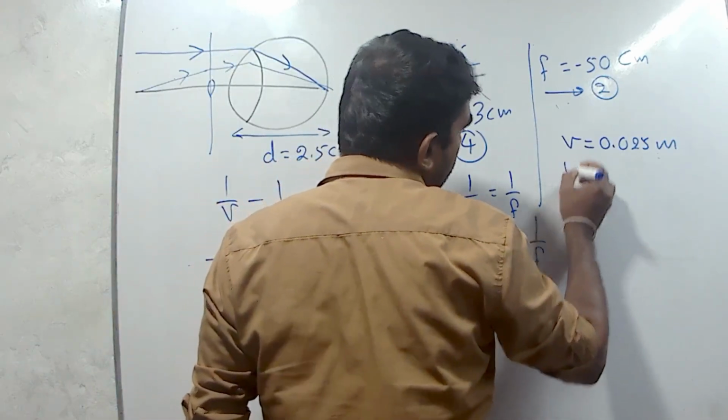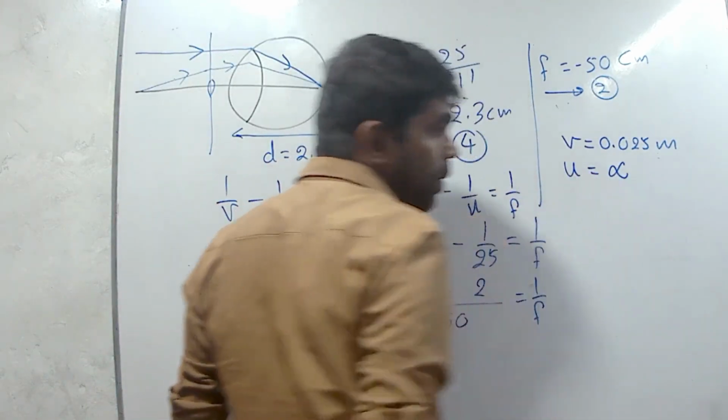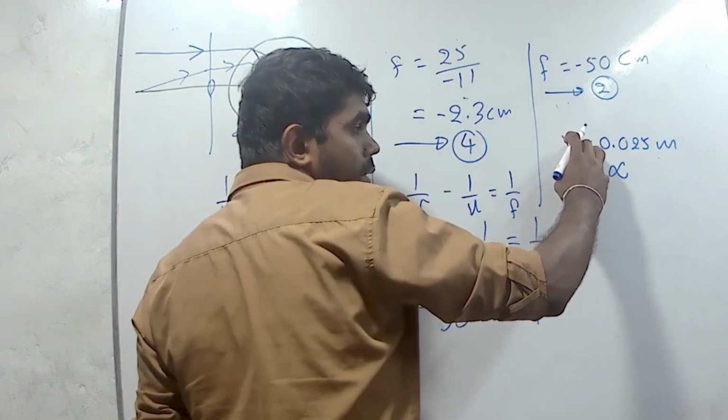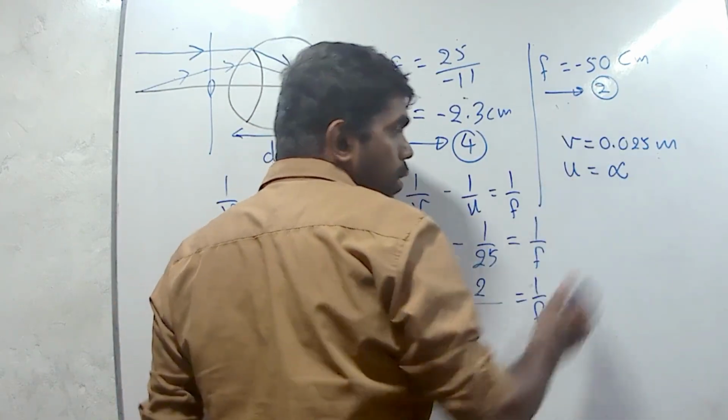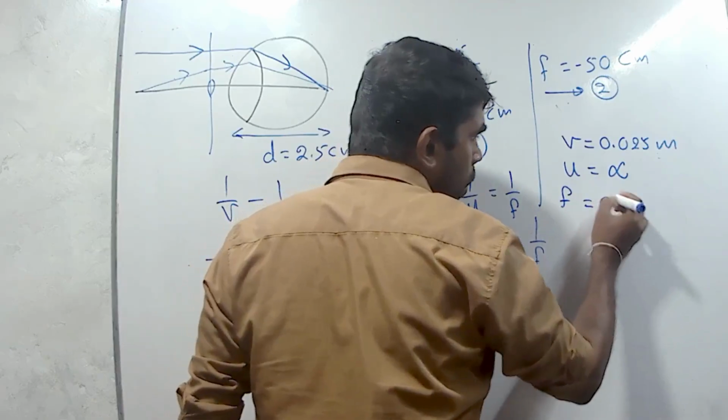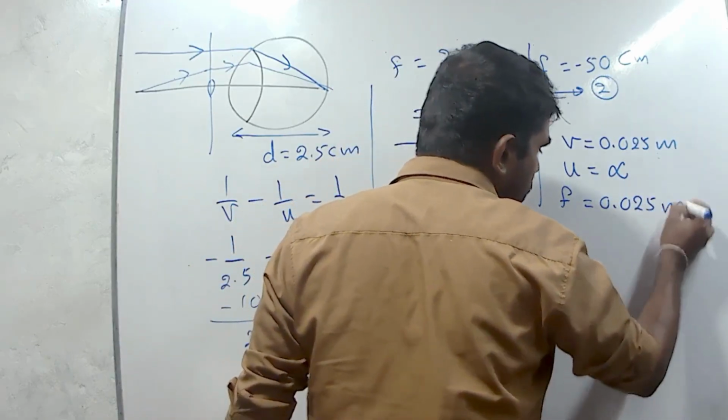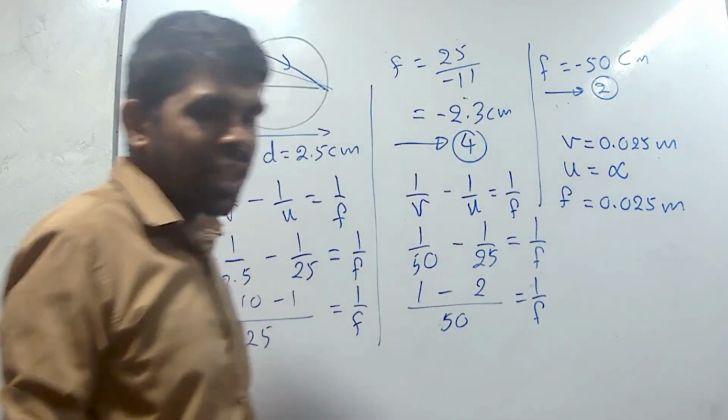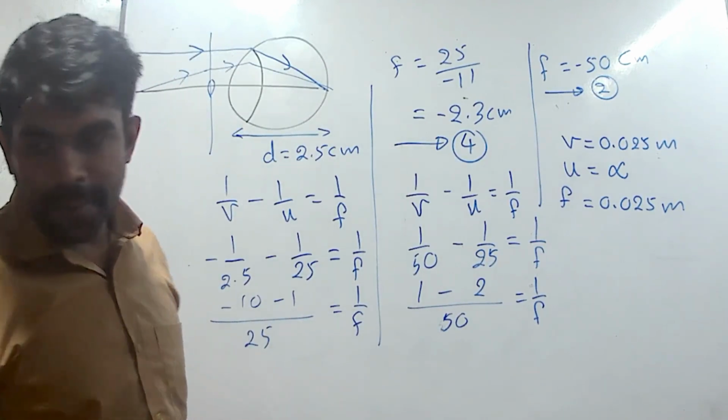Therefore, object distance is infinity. Therefore, focal length should be 0.025 meters for the wearing lens.